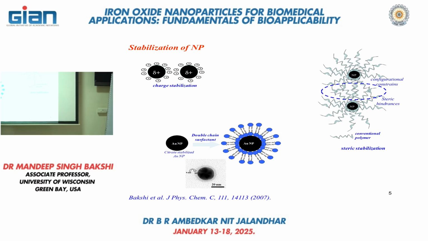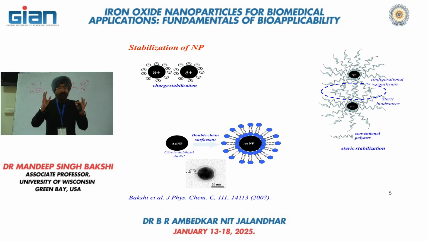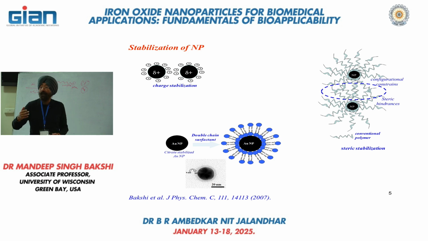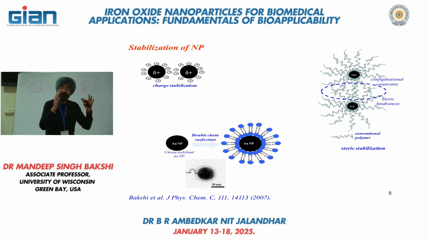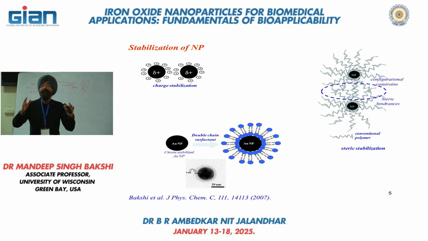You have to say the stabilizer should be, the first aspect, surface active. If that stabilizer is not surface active, since not all molecules are surface active, only surfactants are, then what is the other requirement? You can say that if the molecule is not surface active, then the molecule must be amphiphilic.